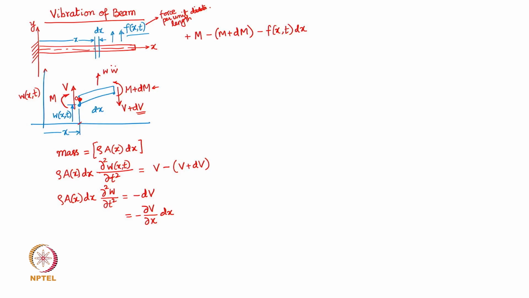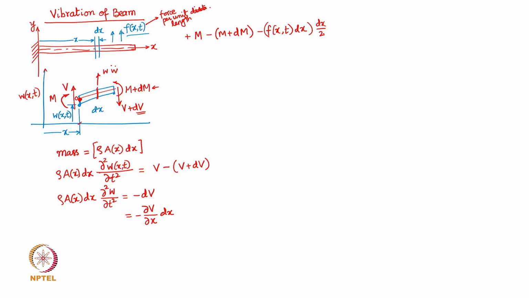So f of x comma t dx would be the total force acting on this element, and we can assume it to be acting at the center of this small element, and therefore the moment of this force is going to be dx by 2 into f of x comma t into dx, right?